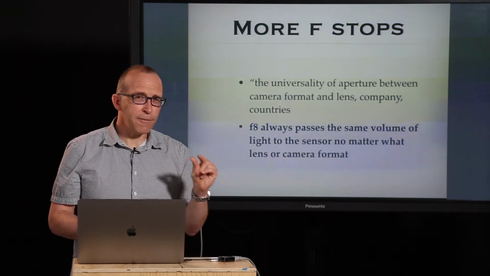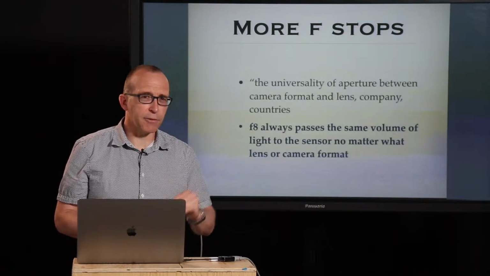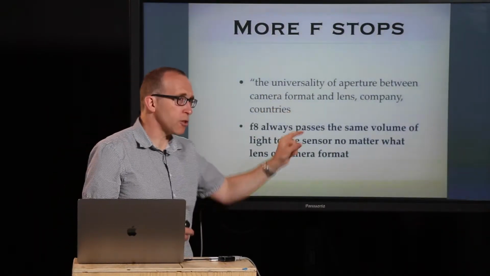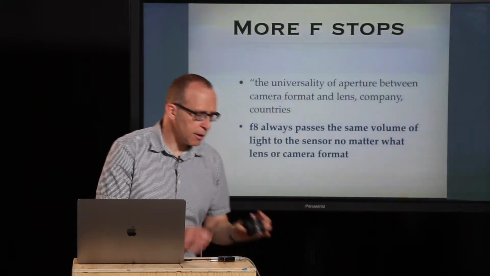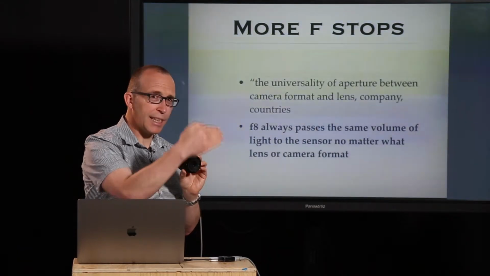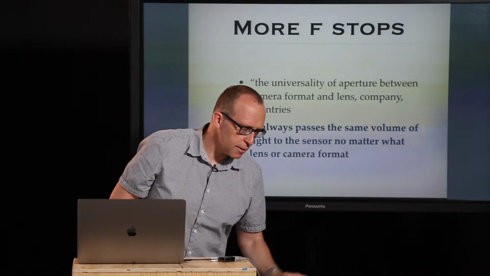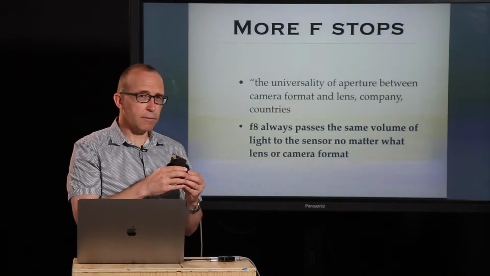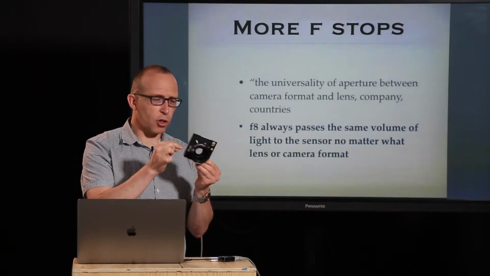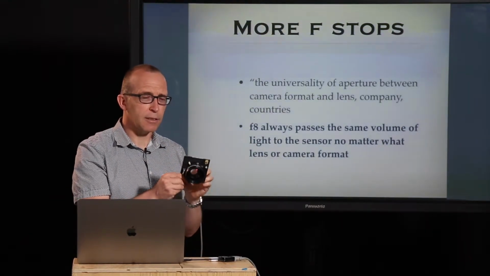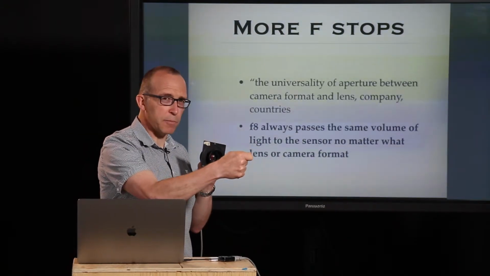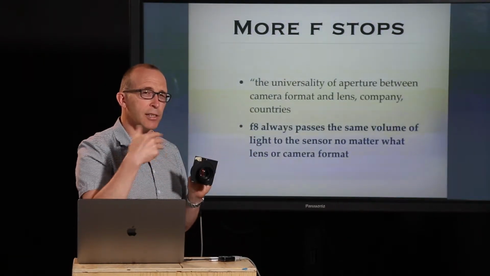So while f8 might be a different physical size in different lenses, one thing that is universal is this: if I set this lens to f8 and measure the amount of light hitting the sensor and record that, and then I take this lens that has a much larger opening for f8, even though this has a larger opening, when I measure how much light is hitting the sensor, it's the same.